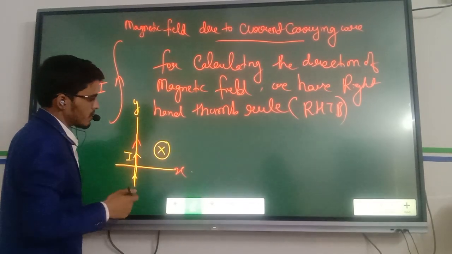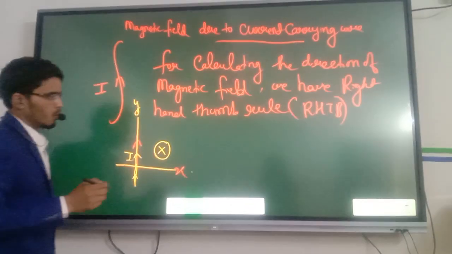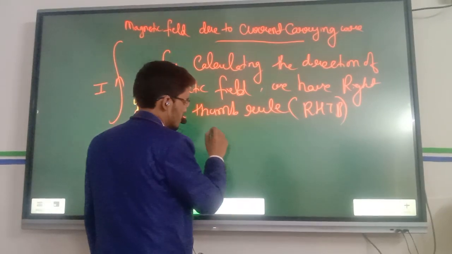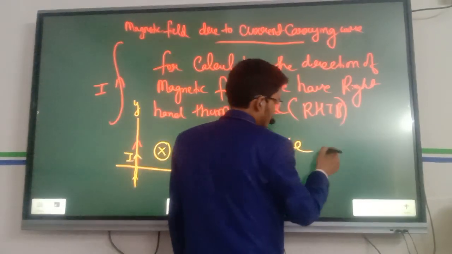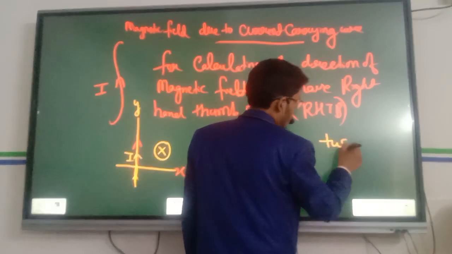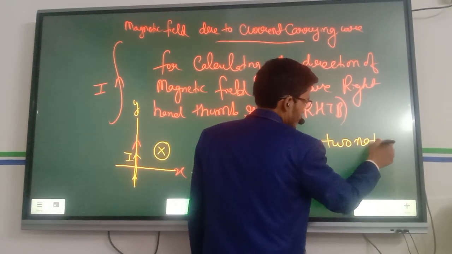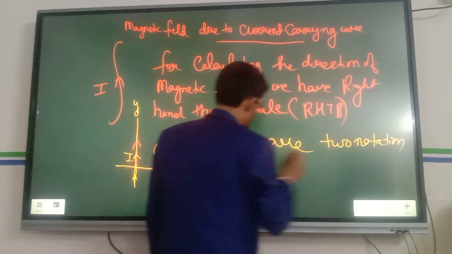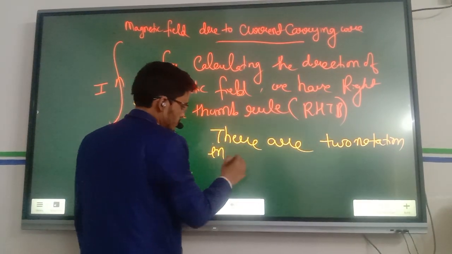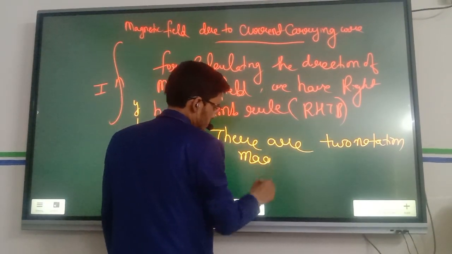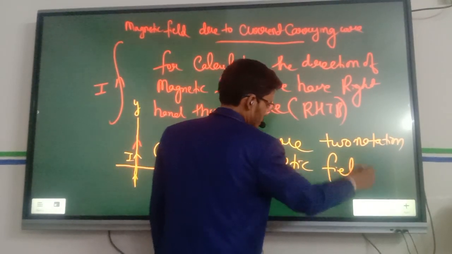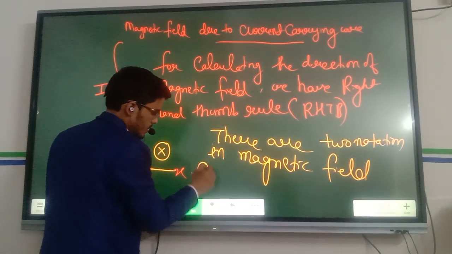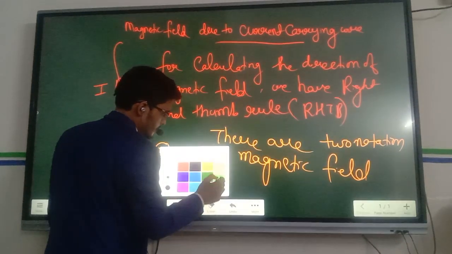Okay, and what is this? Actually there are two notations in magnetic field. First is like this type.